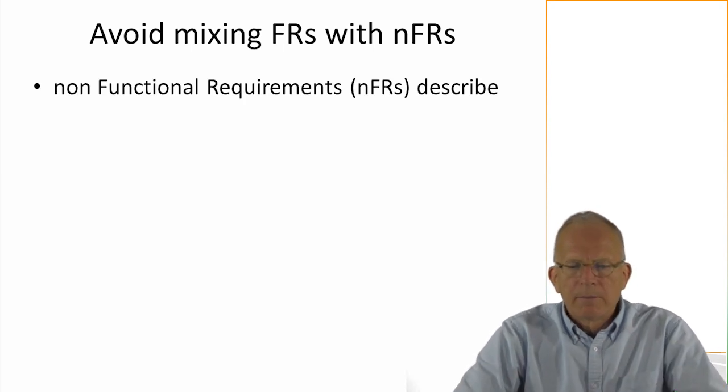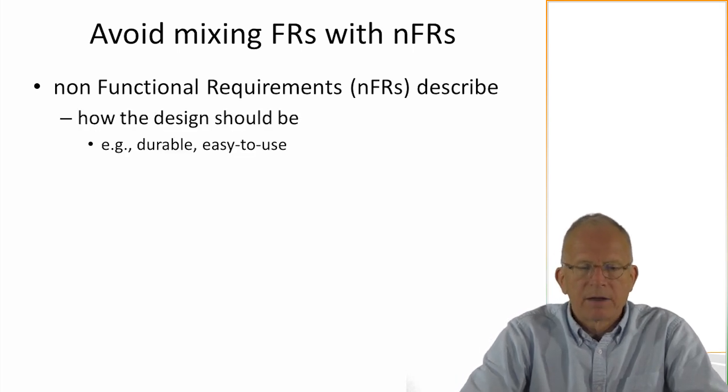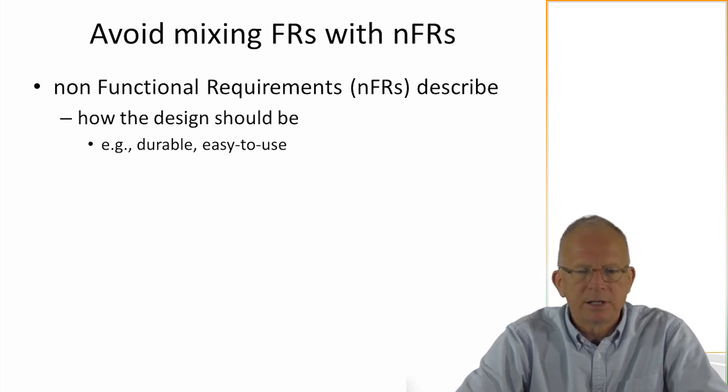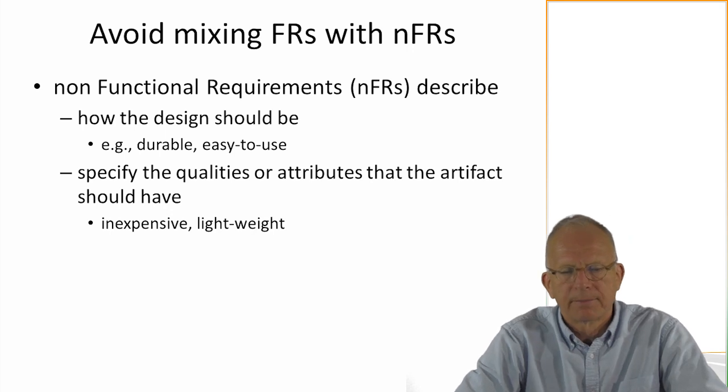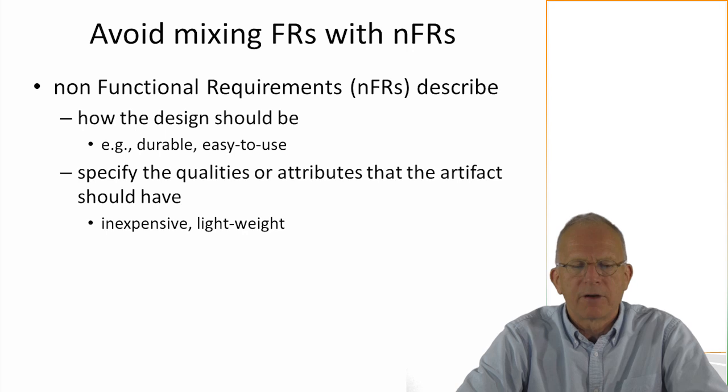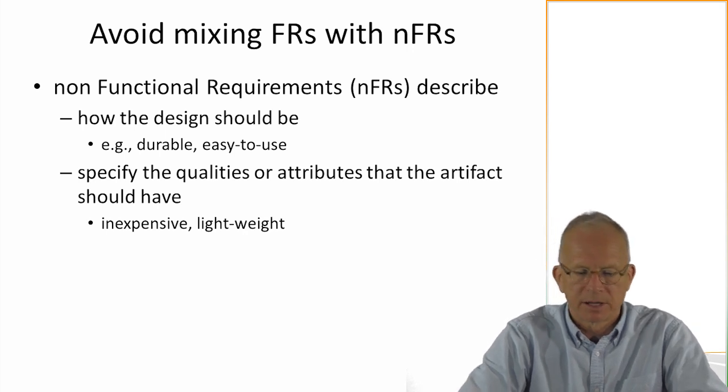So, mixing FRs with non-FRs or NFRs. What are NFRs? Well, they describe how the design should be. Durable, easy to use, for example, or qualities or attributes that the artifact should have. Inexpensive, lightweight.